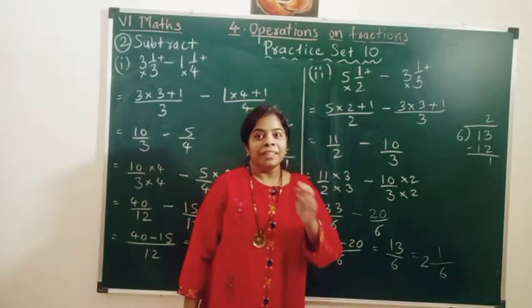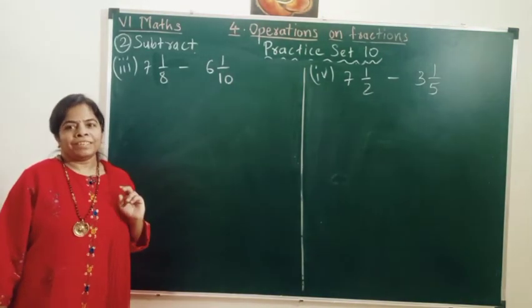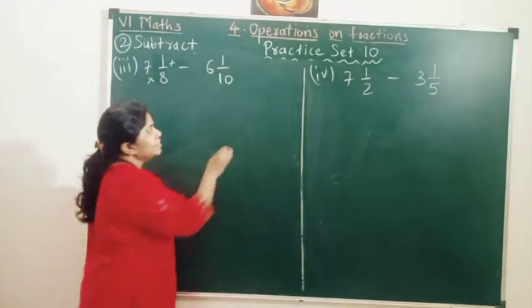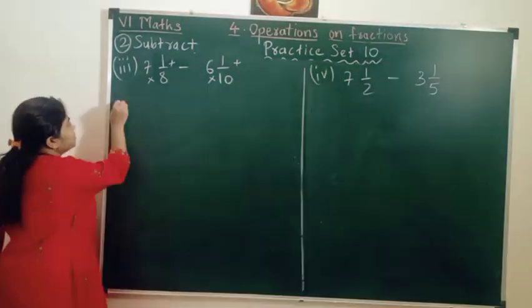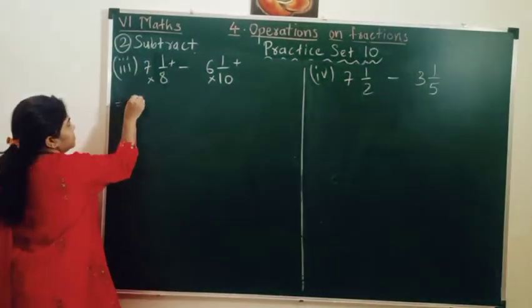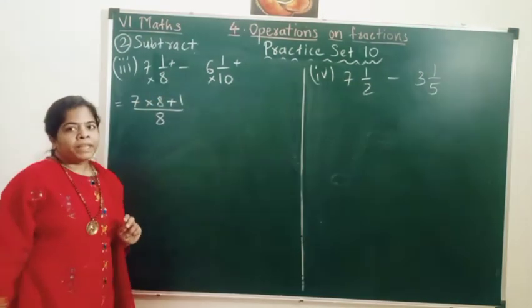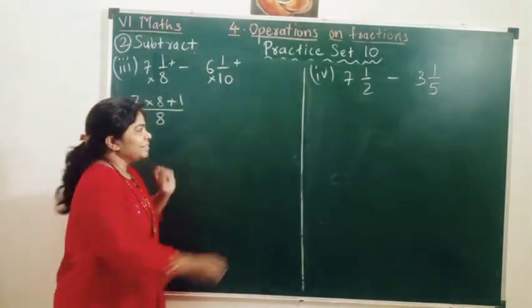Now let's move to the third sum. First let's convert them into improper fractions. Into and plus. Into and plus. 7 into 8 plus 1. Denominator remains the same. 6 into 10 plus 1.